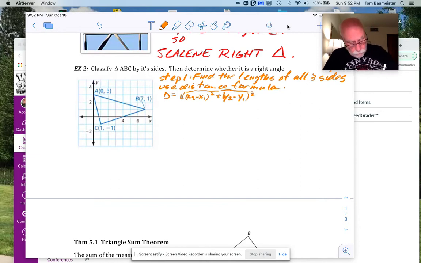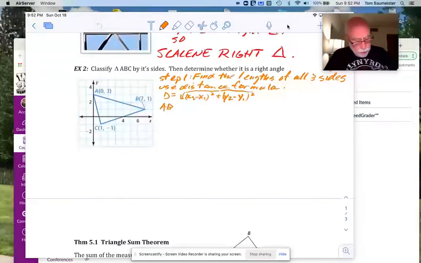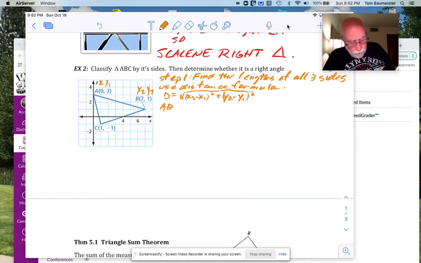All right. So if we look at the first one, AB, this one here is going to be x1, y1. This one here will be x2, y2.